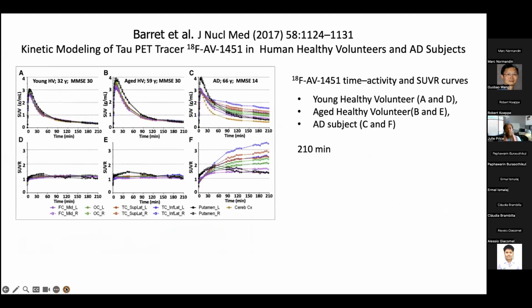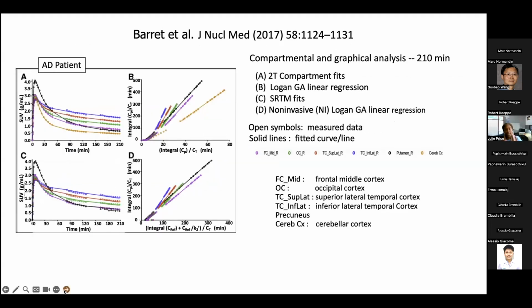Moving forward, I'm not going to go through these in great detail, but this is an example of the type of analysis that was eventually done for fluorotaucipir. Again, we started including very young people, and that's important. Elderly, 59, and AD. You can see there was more than one break in this study, but now we're up to 210 minutes.